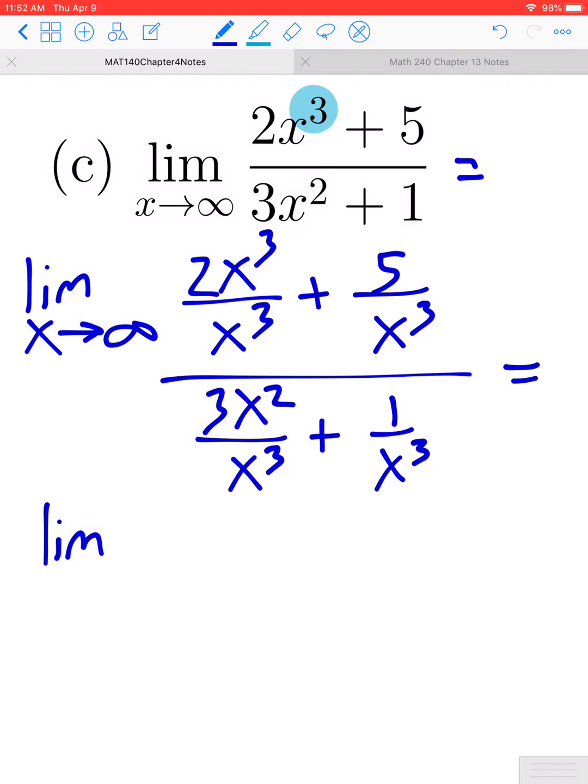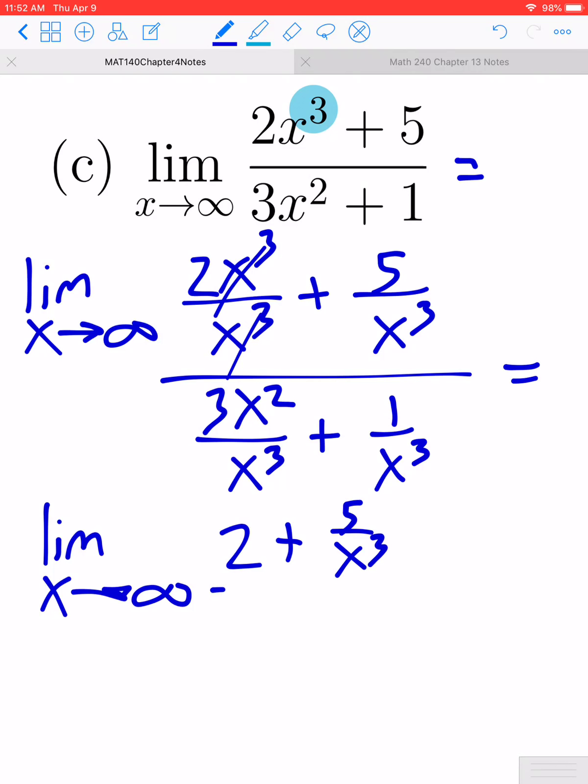This is going to give us the limit as x approaches infinity. Here, these will cancel, so we're going to have 2 plus 5 over x cubed divided by, in the denominator, we can cancel 2 powers with two of those. We'll also have a 3 over x plus a 1 over x cubed.